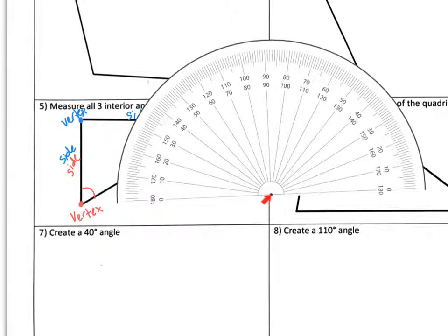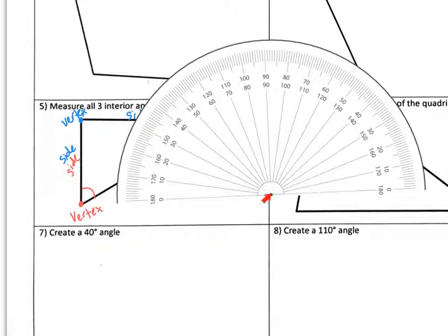A protractor that you have or you may get in class from me is going to have a hole right there. And then we want to line up one side of the angle with 0, either on this side or on this side. And then we look at what number the other side is pointing to.